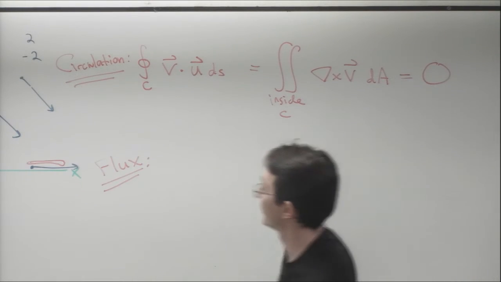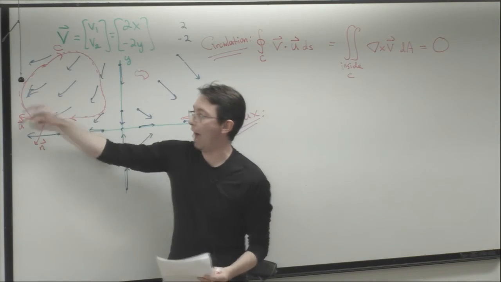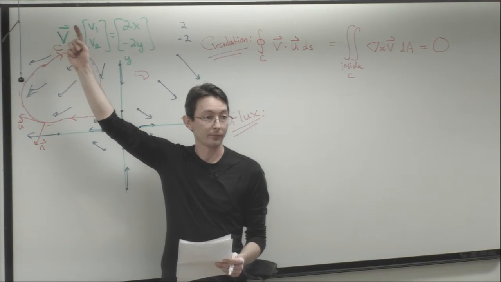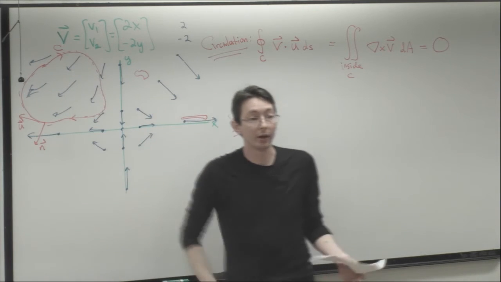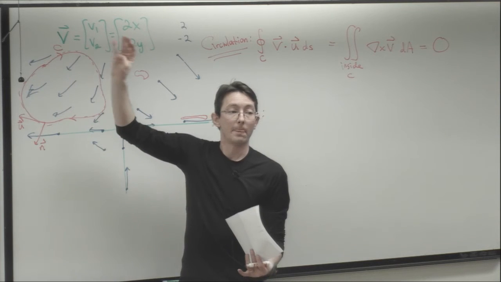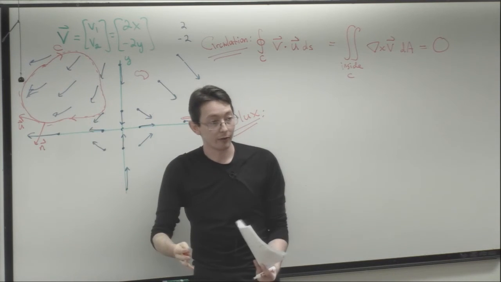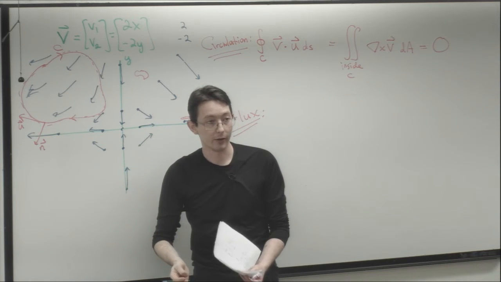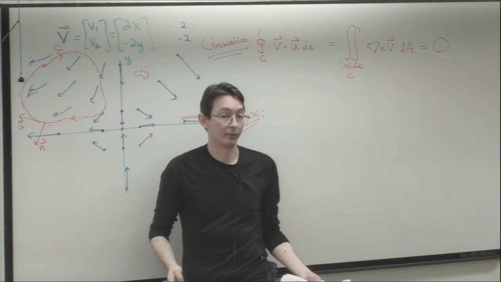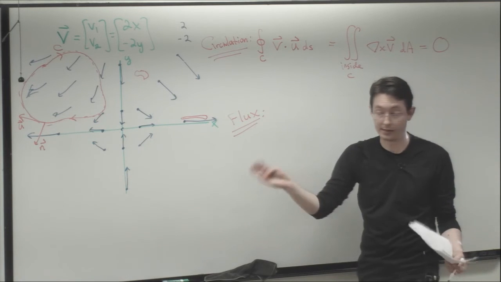Okay, flux. So let's say that we want to compute the flux of this vector field out of this contour C, or through this contour C. So what I want to know is this vector field, is this flow, is it carrying fluid? Is there a net inflow of fluid, or a net outflow of fluid, or is there a net balance of fluid, or of mass, or of whatever we're advecting in this vector field?